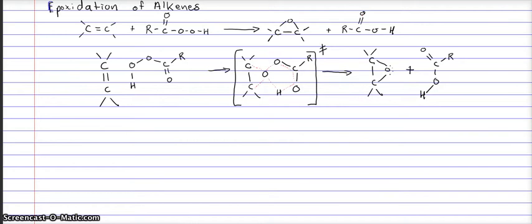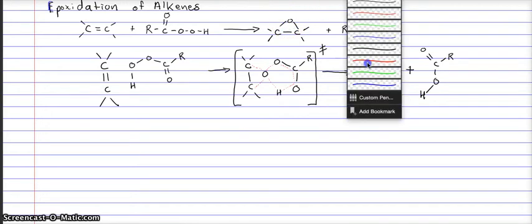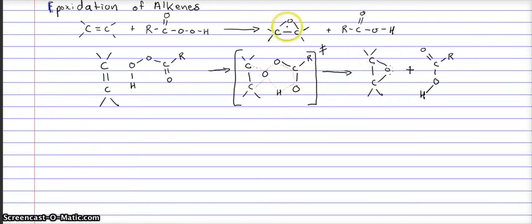The next reaction we'll see of alkenes is called an epoxidation. If you remember towards the beginning of the term, we looked at carbon in a three-membered ring with an oxygen, and that functional group is called an epoxide. This can be formed with an alkene and a peroxy acid.